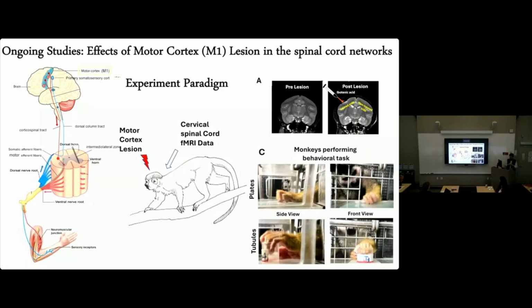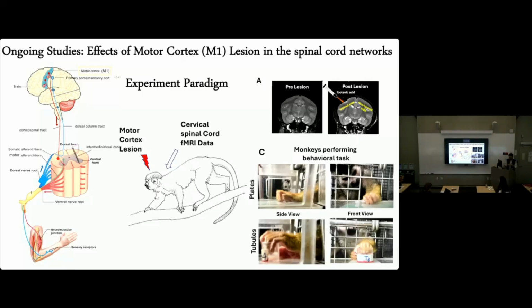Now I will be talking about an ongoing study, in which we are trying to look into the effects of a motor cortex lesion in the brain of the squirrel monkeys, and want to see how that affects the spinal cord networks. So we already know that the motor cortex has the corticospinal tract that moves downwards and terminates in the ventral horns of the spinal cord.